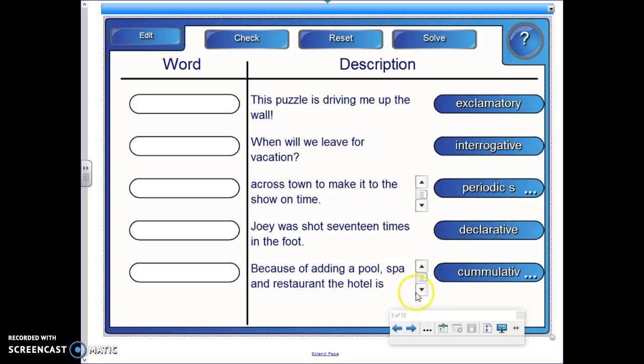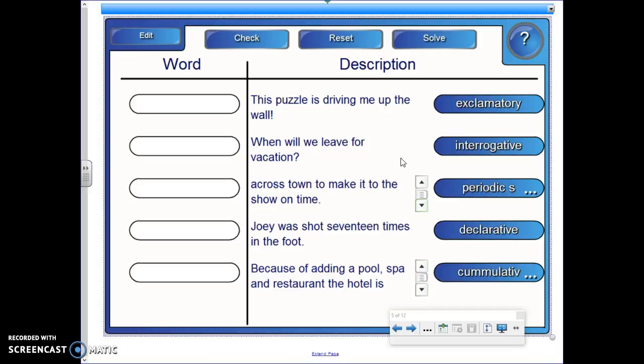"Because of adding a pool, spa, and restaurant, the hotel is experiencing an increase in guests" is 1. "Peter and Susie drove wildly across town to make it to the show on time." So go ahead and pause, write down the sentences, and then we will do the answers in just a moment.